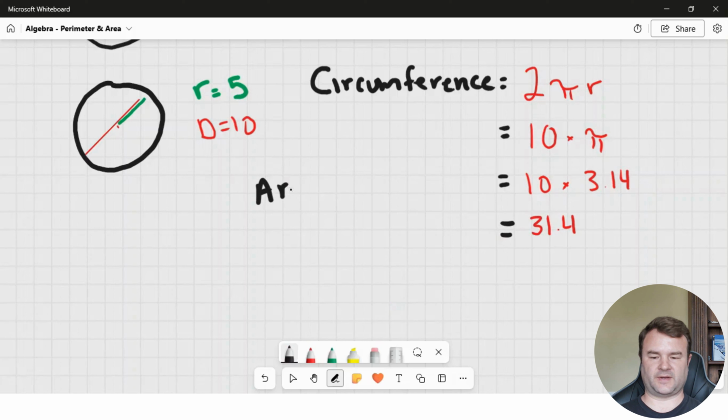Now let's find the area. So area is equal to our friend pi times r squared, and that equals pi times r squared, which is 25.